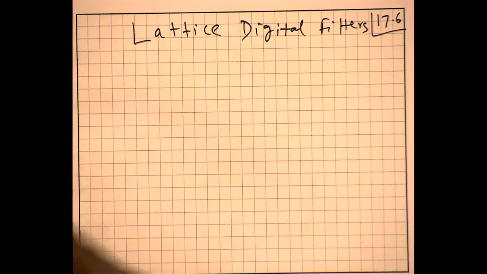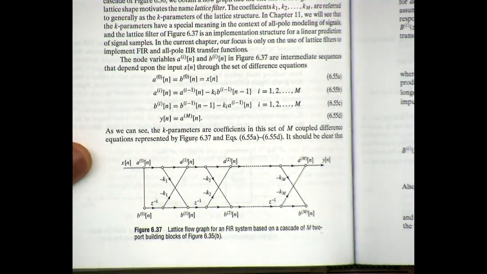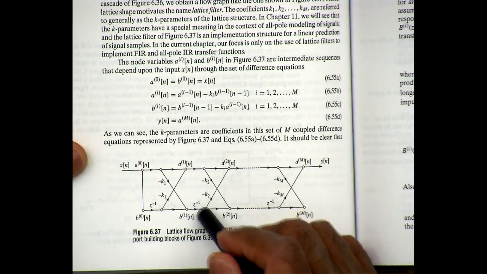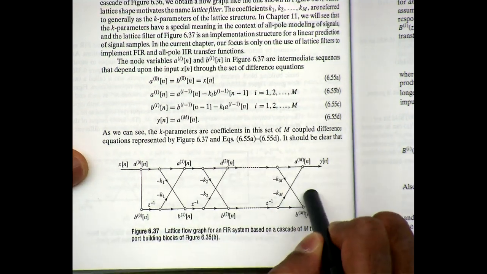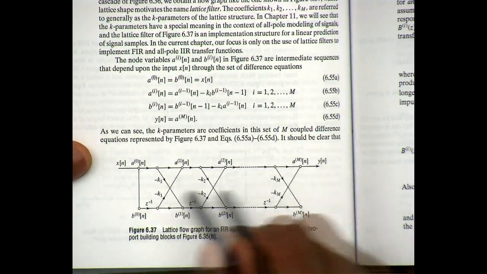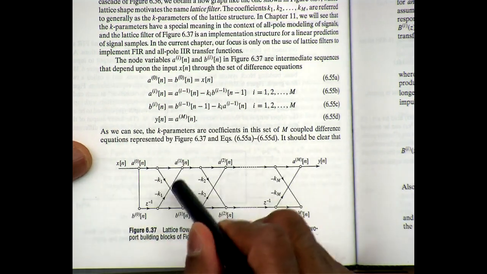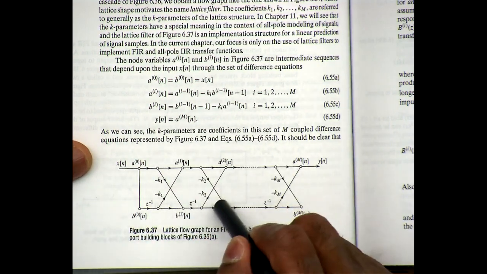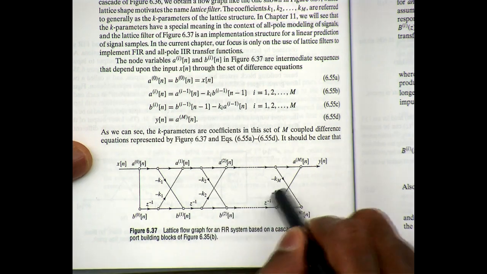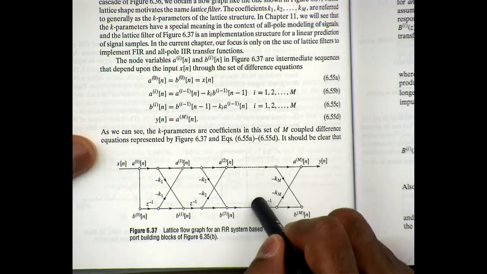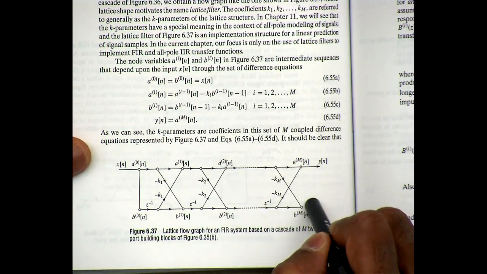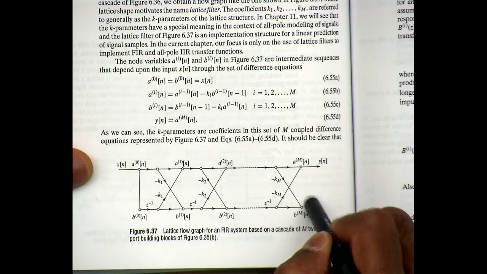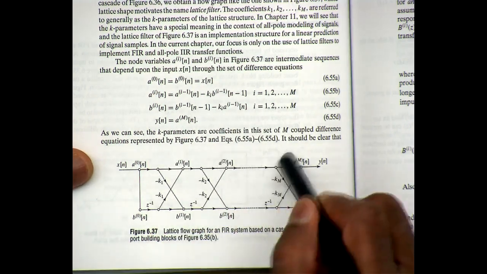Okay. So first of all, what do the lattice filters look like? Let me tell you why the lattice filters became of interest. It so happens that the lattice digital filters have a basic structure like this. The input x[n] goes through, if there is a 100 tap filter, let's say 100th order filter, then we will have 100 such stages.